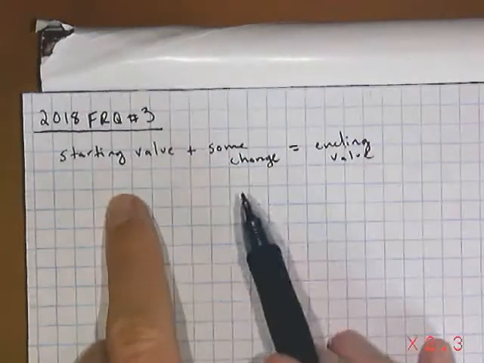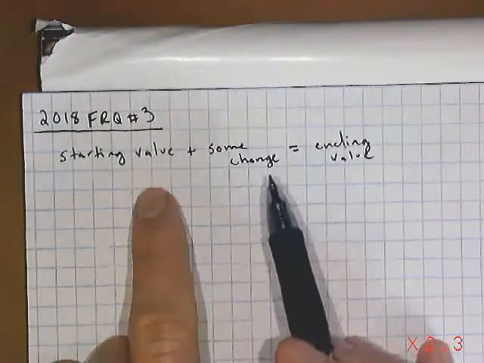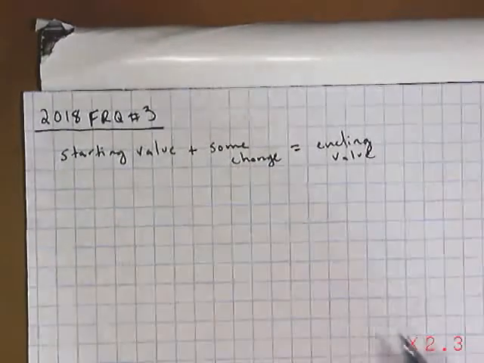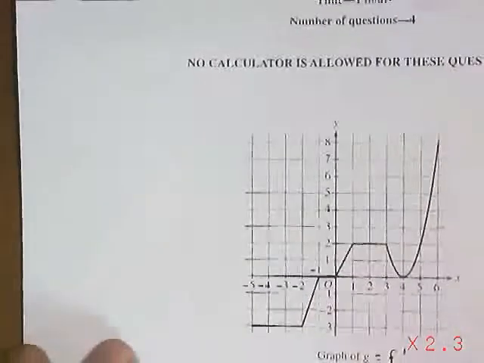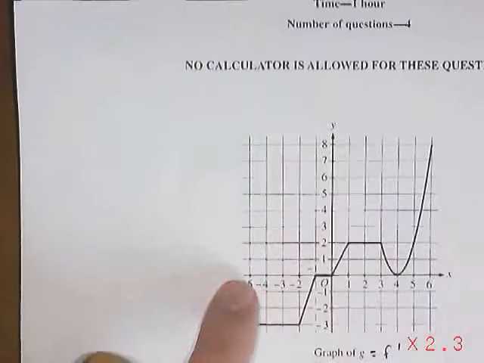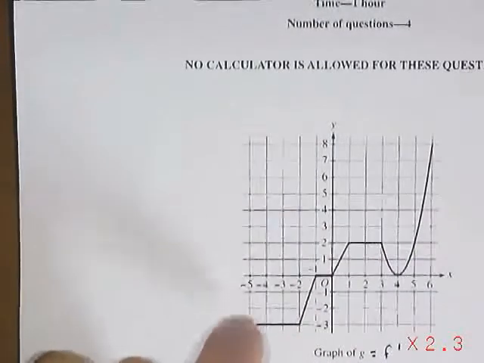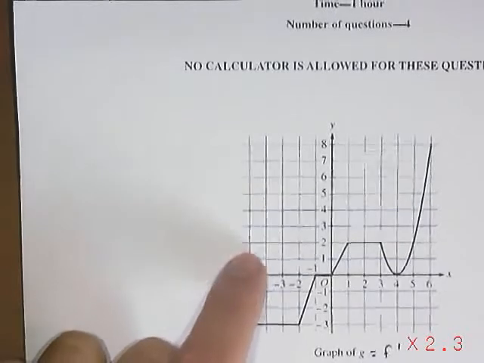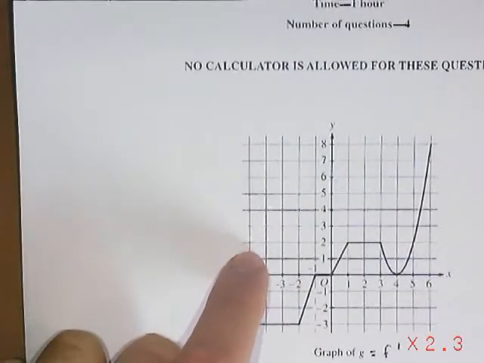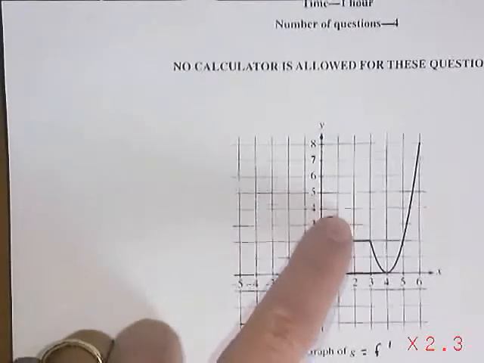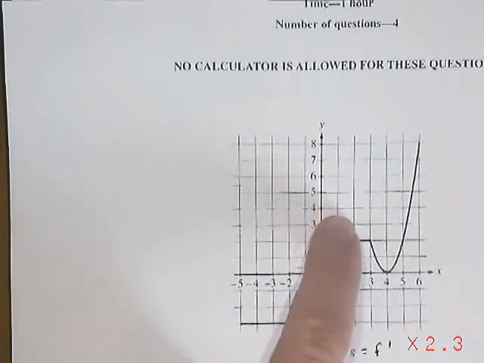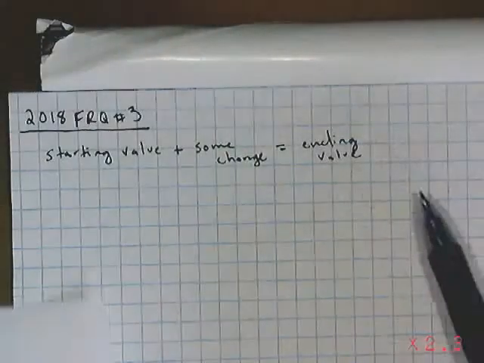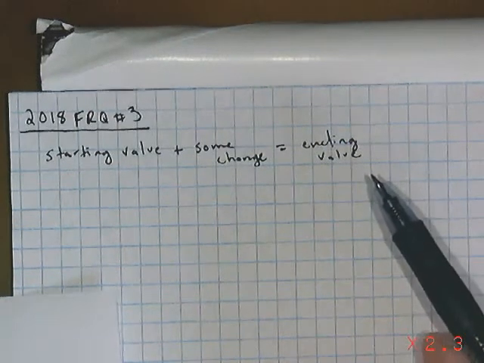Well, we have specific things we can refer to instead of just starting value, some change, and ending value. Looking at our graph, this is not our function f, this is our function g, its derivative. Wherever we start at f of -5, the function is going to do whatever it does, some change, and then we're going to end up at the function value of the ending value, which is f of 1.